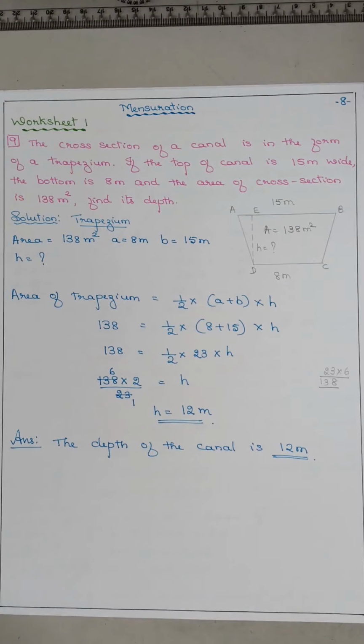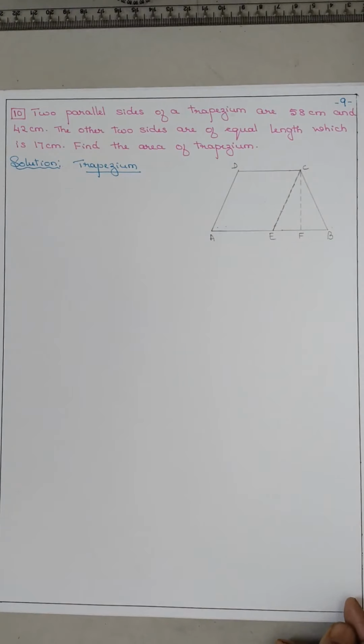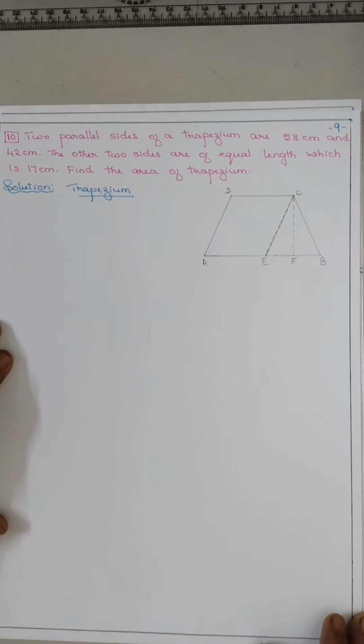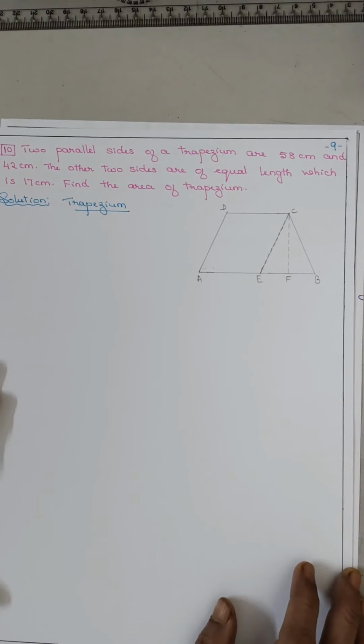Okay. Now coming to the 10th sum. The 10th sum, two parallel sides of a parallel trapezium are 58 centimeter and 42 centimeter.